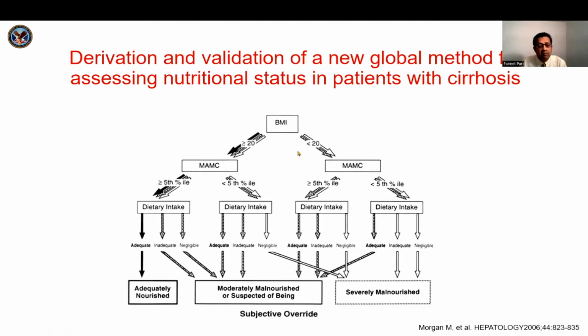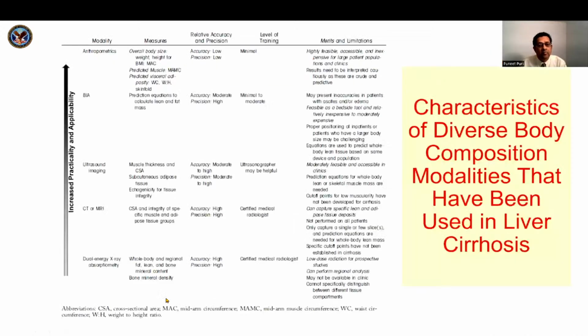The two main criteria were body mass index greater or less than 20, and mid-arm muscle circumference greater or less than the 5th percentile. Together with dietary intake, whether adequate or inadequate to negligible, these qualified patients into the moderately malnourished, severely malnourished, or adequately nourished category.